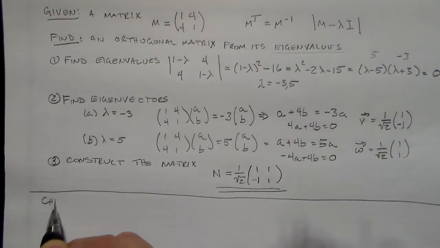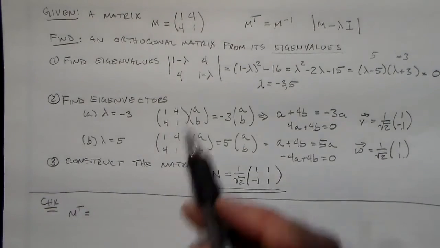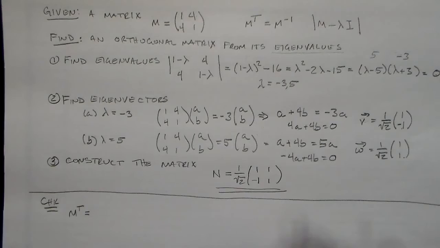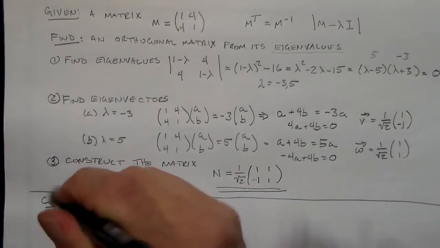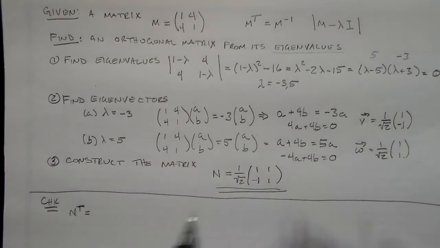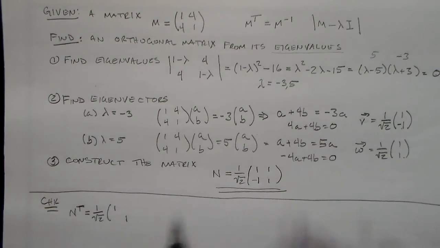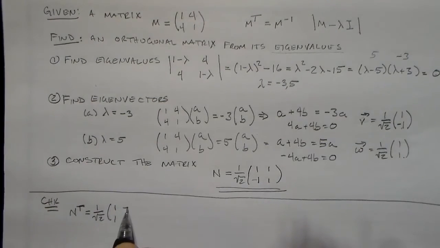So let's check. What is M transpose? Oh, not M transpose. We want N transpose because it's the orthogonal matrix. N transpose is just 1, 1, and then we flip these two around, 1, minus 1.